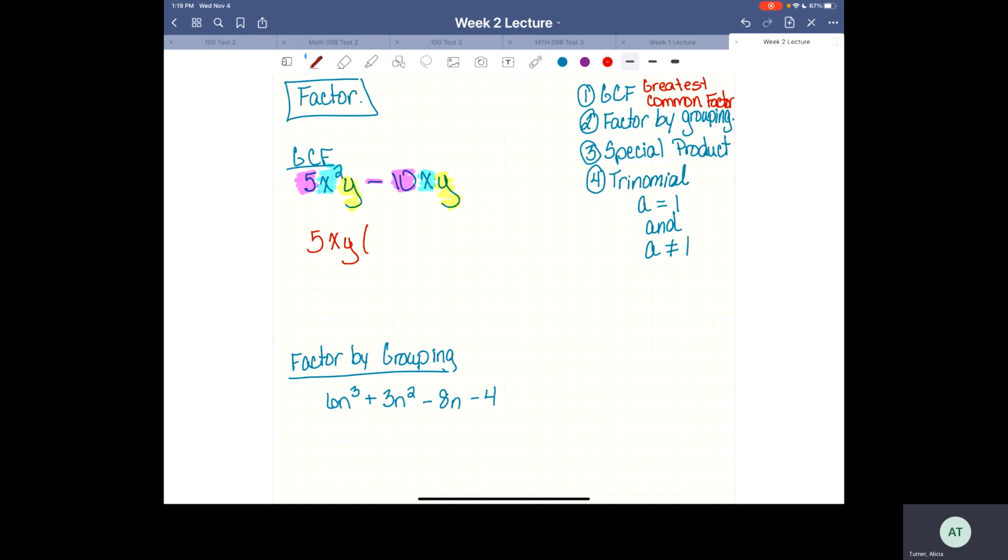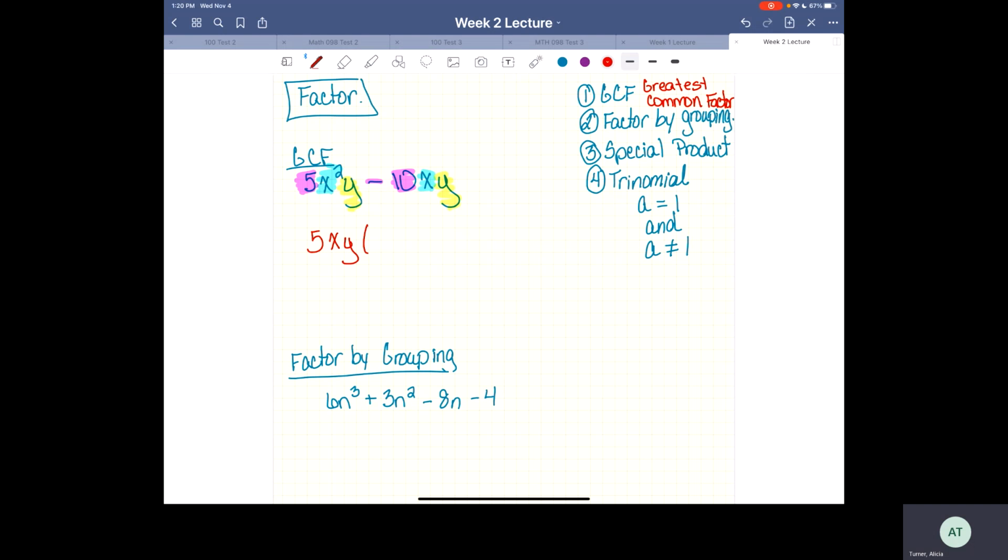Now what I've got to do is look at this 5xy and say, okay, 5xy times what is going to give me 5x squared y? Then I've got to say 5xy times what is going to give me minus 10xy. And again, you want to break this down by the numbers.